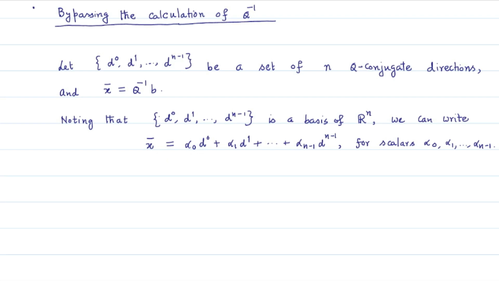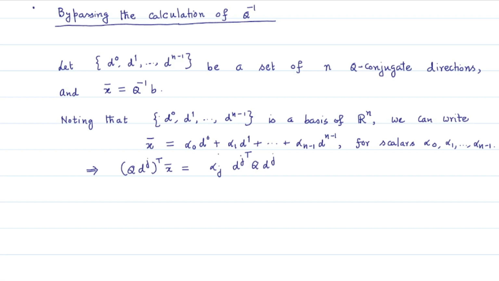Now here to obtain these scalars alpha naught, alpha 1 till alpha n minus 1, we consider to pre-multiply on both the sides by say q dj transpose, which will give from this equation that on the right hand side alpha j times dj transpose q dj.